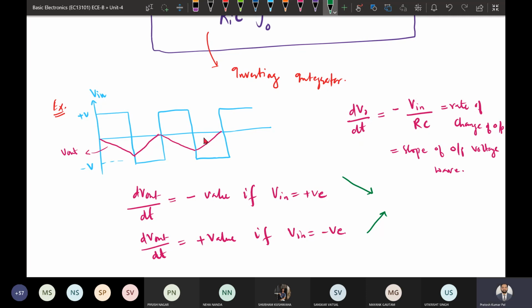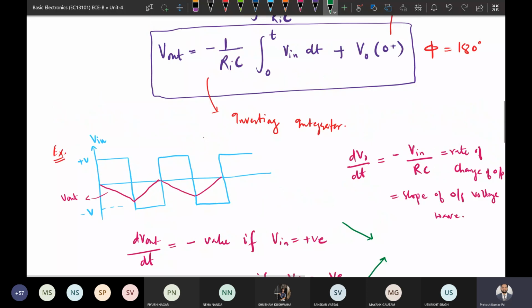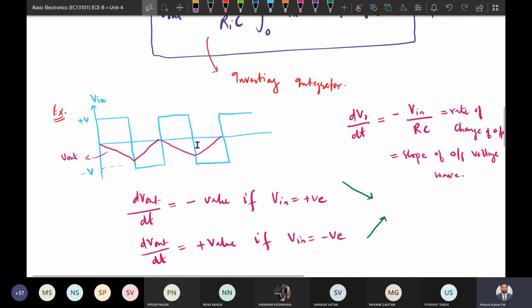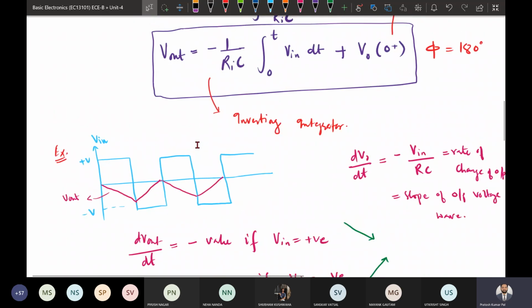Okay, so I hope you have got the point of how we do the analysis here, and what the role of V0 is. Here, the initial value of the capacitor, V0 at 0 plus, is just a DC value.